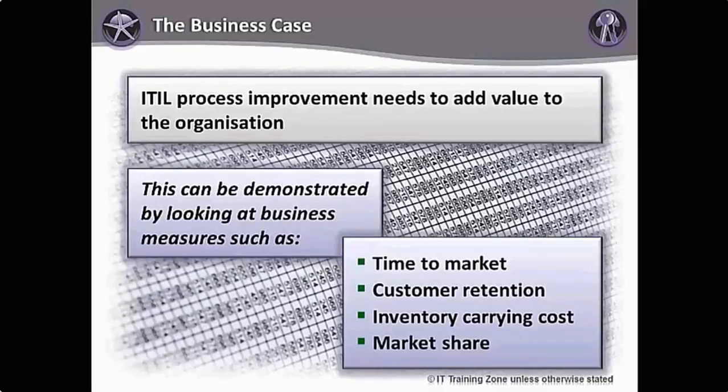ITIL process improvement needs to add value to the organization. But how do we demonstrate this? Examples of business value measures include time to market, customer retention, inventory carrying cost, market share.